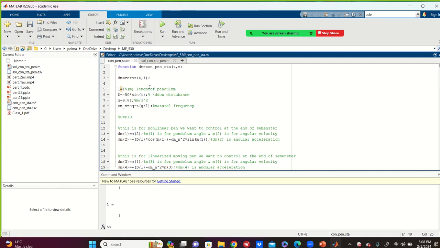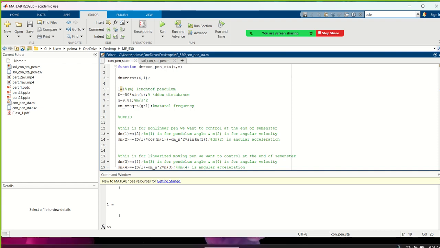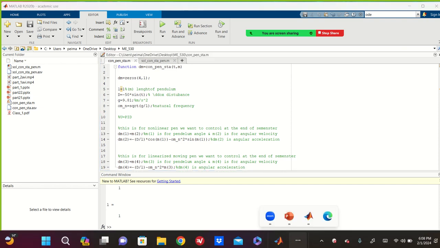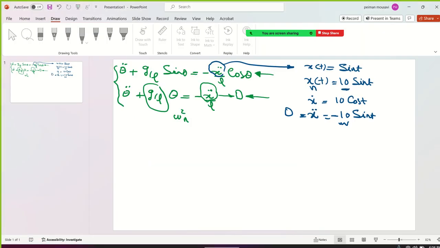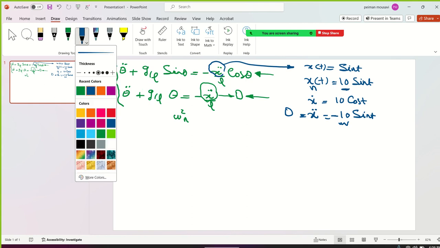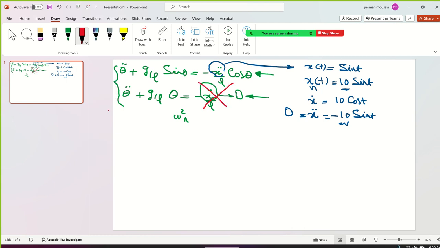Now, let me go back. I'm not done yet. Let me go back to the notes. I told you that if you remove the right-hand side, you have the stationary pendulum.